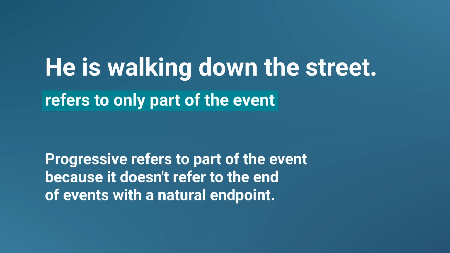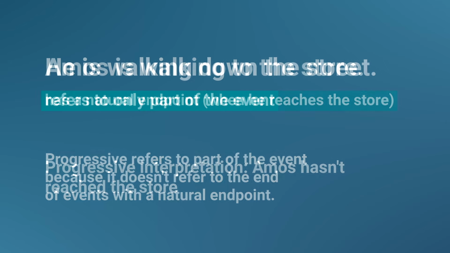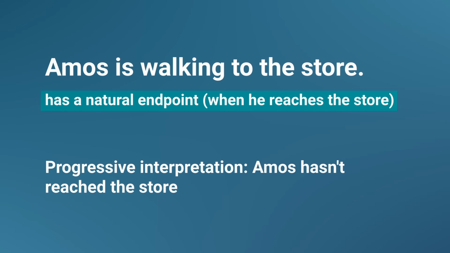The way we know the progressive refers to only part of an event and not the event's endpoint is how it combines with events that have a natural endpoint. In the sentence "Amos is walking to the store," the endpoint is when Amos reaches the store.